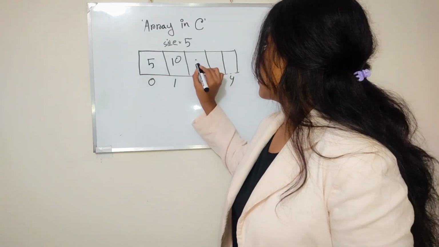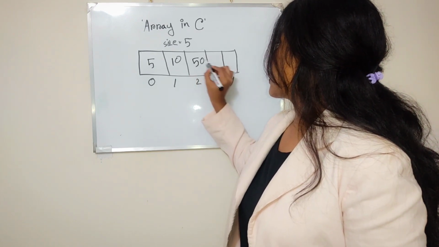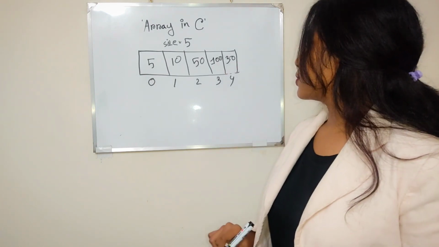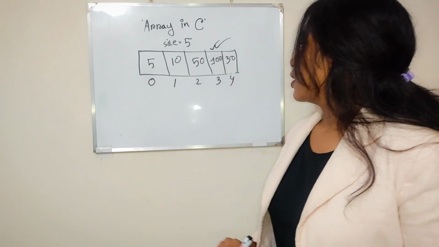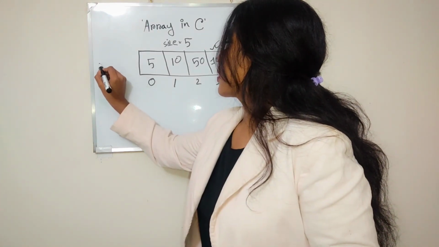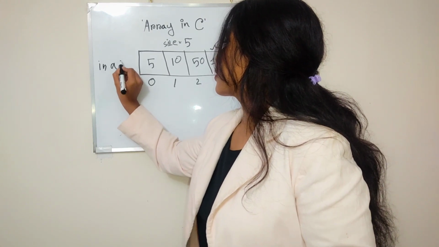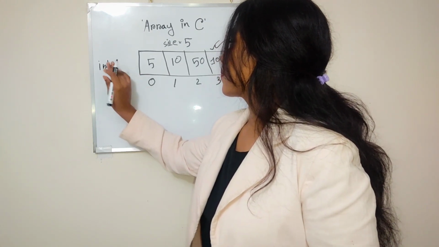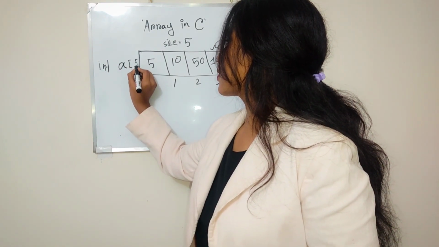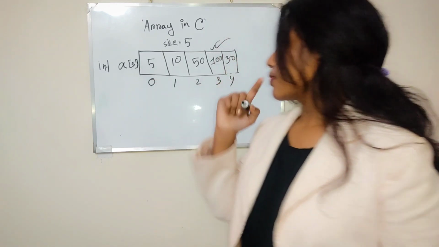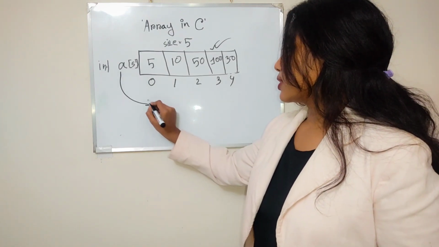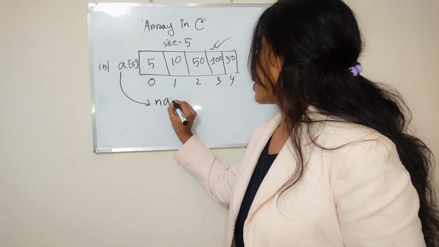So these are the values at each index. Now you want to access this value, right? What you will have to do is, you will have to write down the name of the array.